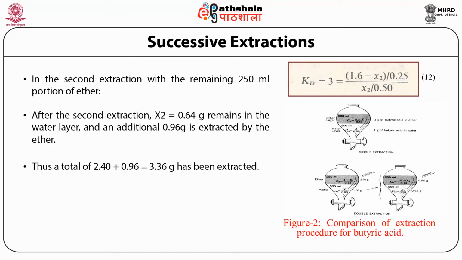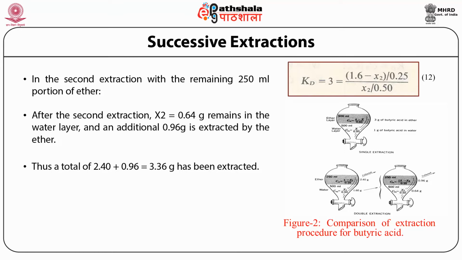In the second successive extraction, again half, 2.5 gram, will come to the ether. In the next successive extraction, 1.25 gram will go to the ether. So, if we go on repeating the process, ultimately the whole of the butyric acid will be extracted in the ether portion and a negligible portion will remain in the water.